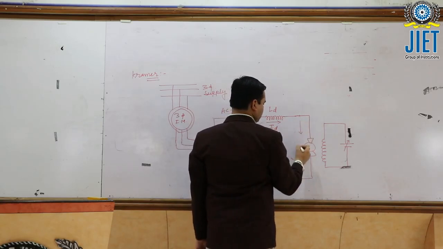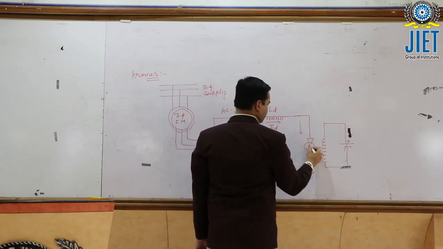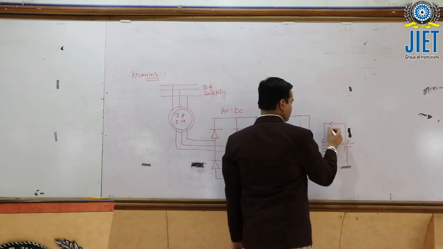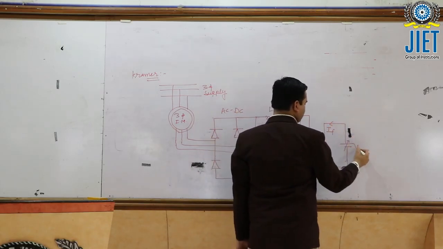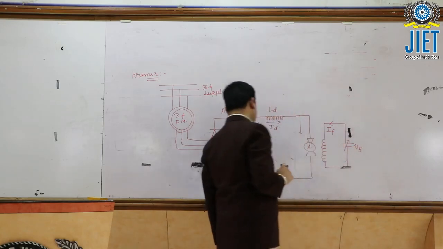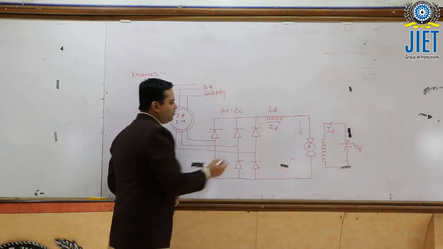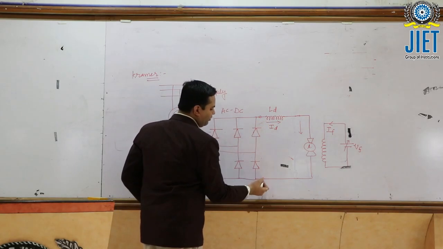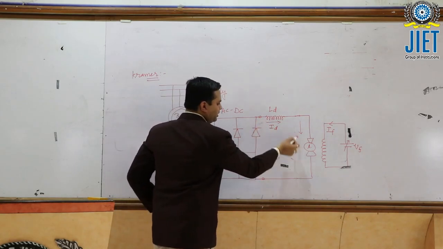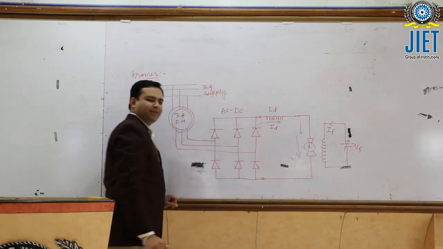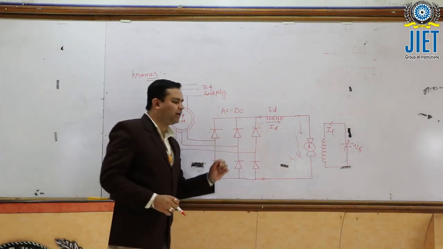This is the armature, and this is the field current IF. This is VF. Now, at this point, we will obtain the fixed value of DC that is given to the armature side of the machine.